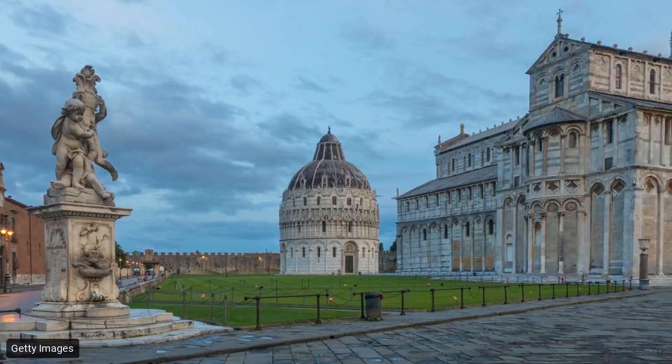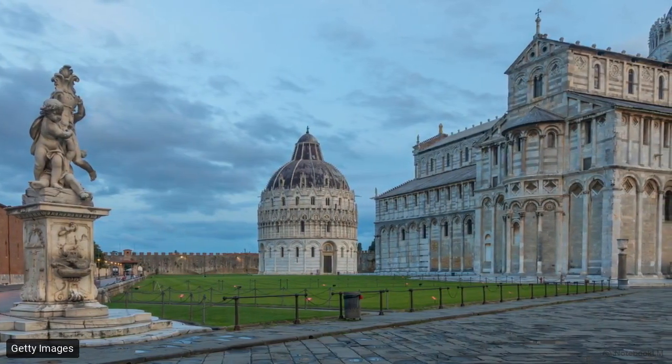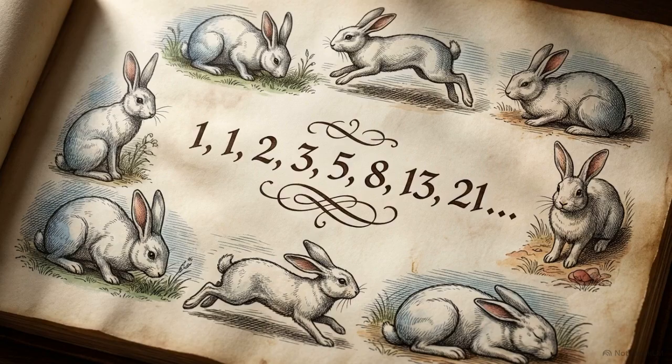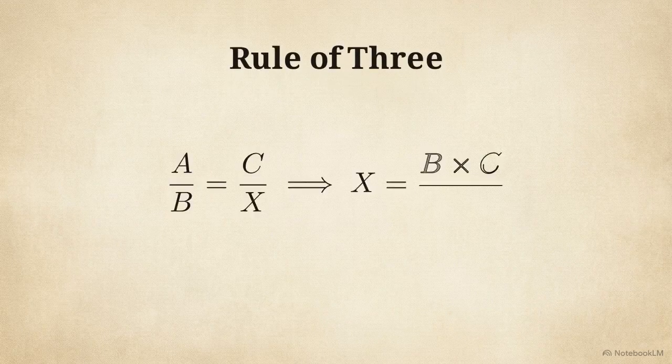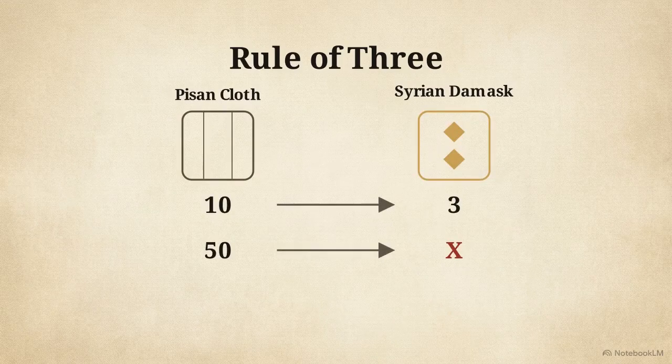Fibonacci returned to the Republic of Pisa and, in 1202, published his masterwork, Liber Abaci, or the Book of Calculation. While the book is famous today for generating a sequence of numbers from a problem about breeding rabbits, it was written as a hardcore, practical manual for merchant accounting. Using the rule of 3, Fibonacci applied fractions to solve complex commodity swaps, like pricing peas and cloth in Syrian Damask.